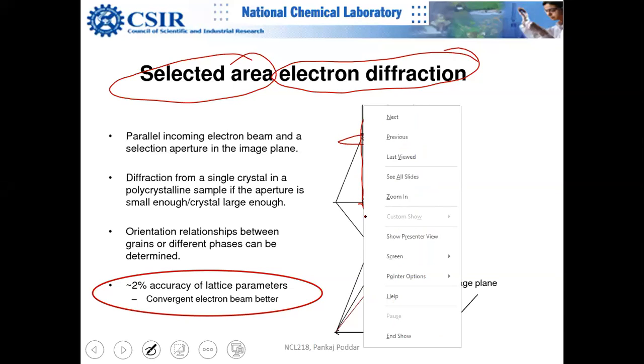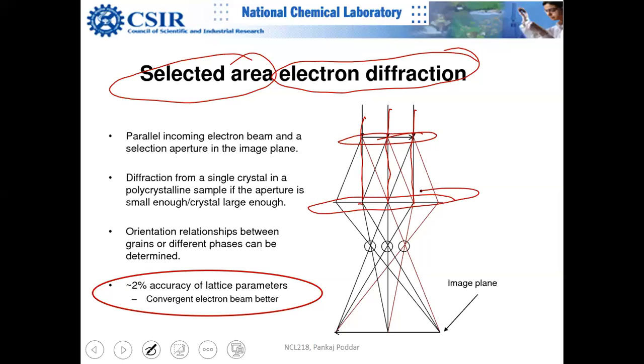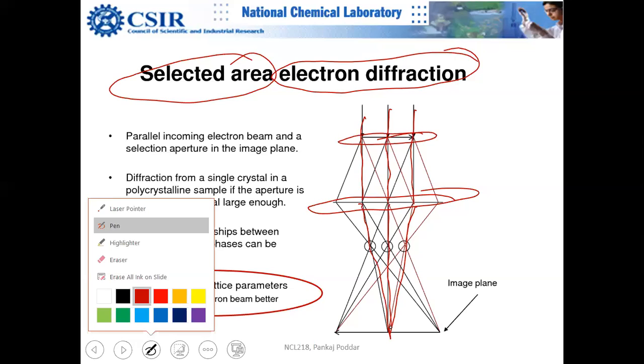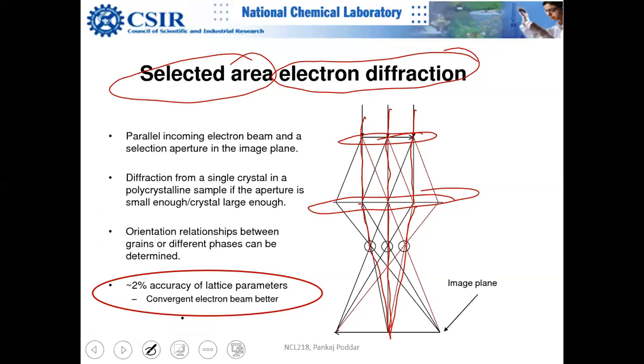You can put a lens here, and once you put the lens, you can convert them to one point. They are undiffracted or zero diffracted. I change the color to blue.